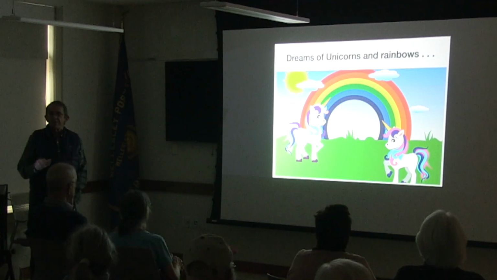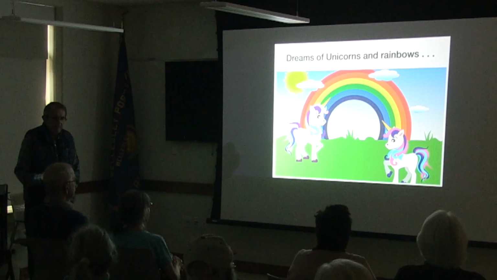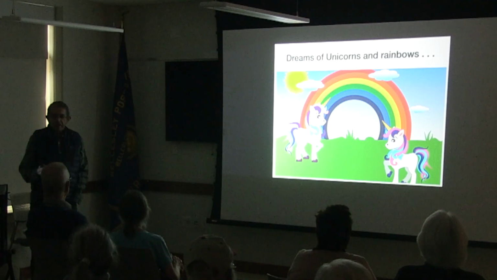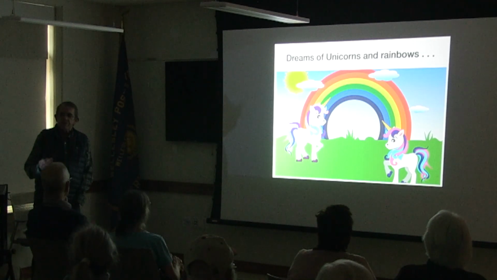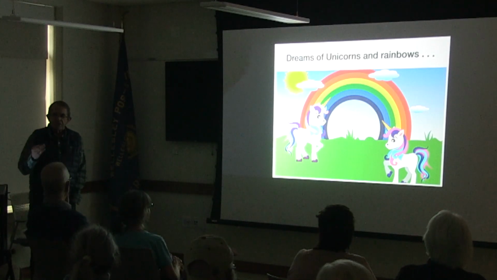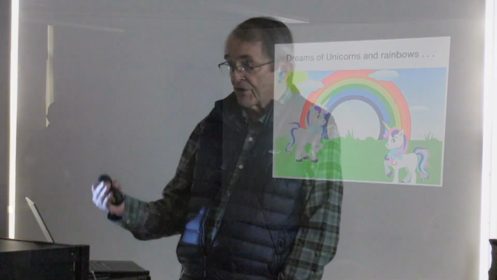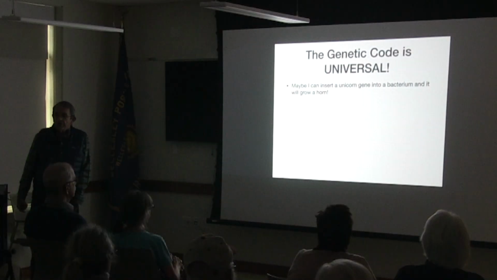There were discoveries made in the 1980s that blew people out of the water. And they were based on that observation that the genetic code is universal. You say, well, if it's universal, maybe I could take a unicorn gene and stick it into a bacteria, right?